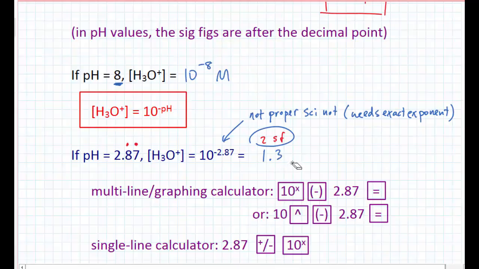Let's do 1.3 times 10 to the negative 3 molar. This is a concentration, so its sig figs are recorded just normally like any other numbers sig figs would be. The special thing comes in this pH value, because at the beginning of a pH value, that came from the power of 10. So that doesn't really count. It's those digits that give us 2 sig figs of the concentration over there.